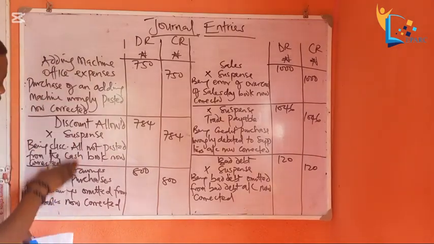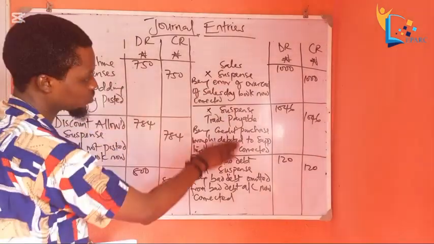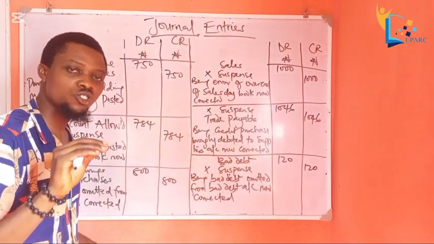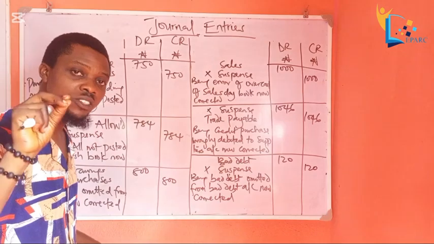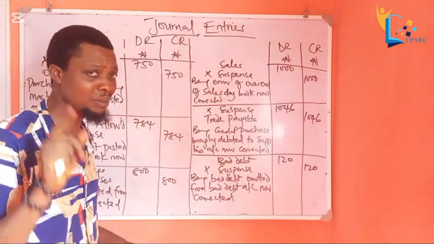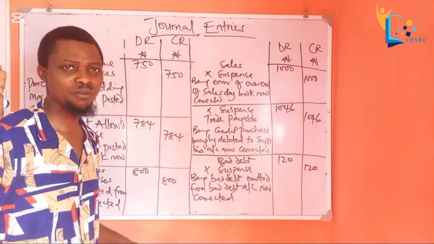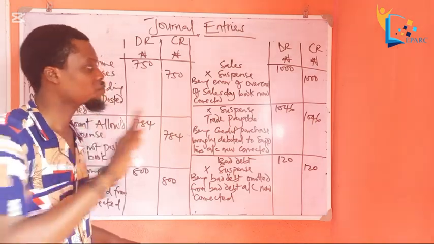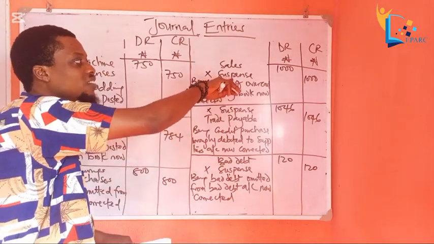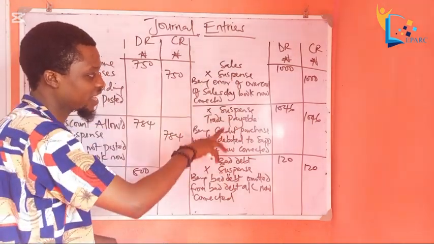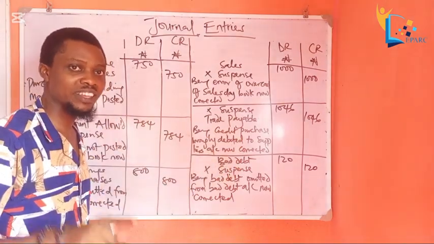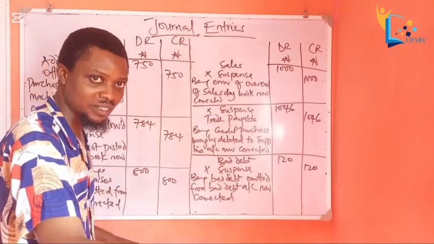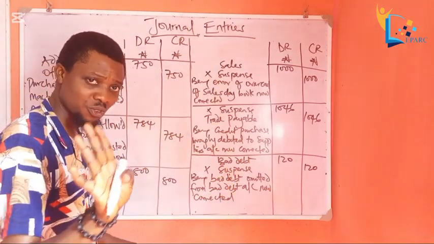The ones without the suspense account attached to them are the errors that will not affect the trial balance. Remember, we've said this in the previous classes. But the ones that have suspense in them are the entries that will affect the trial balance. Therefore, we need to draft out the suspense accounts. I don't know if you understand it.